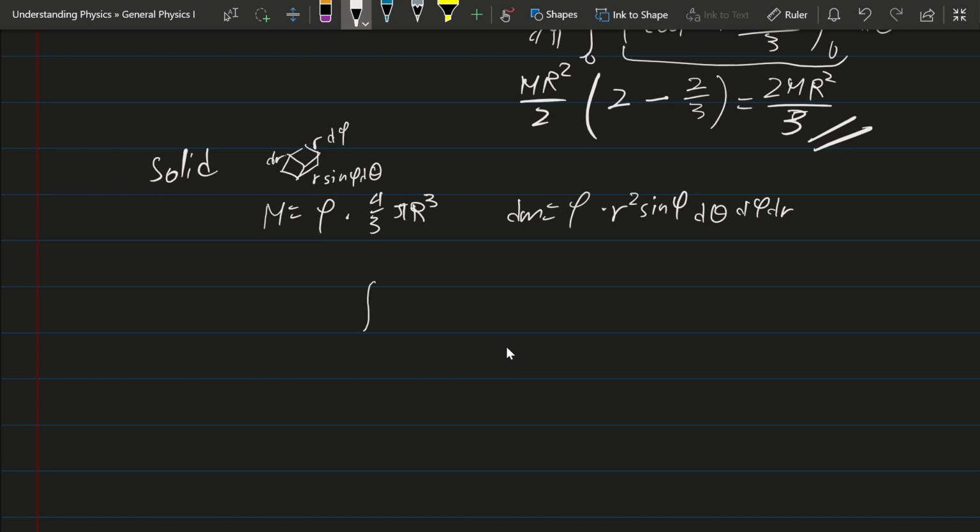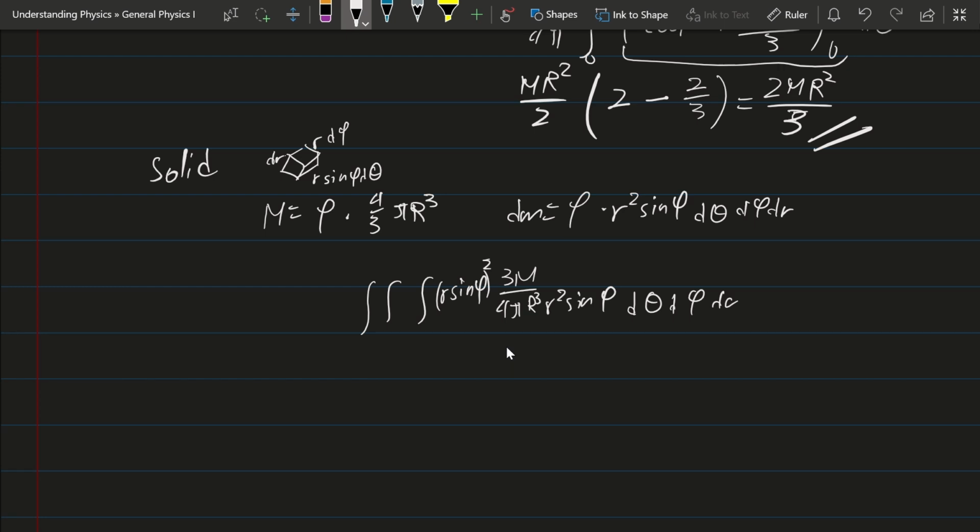So doing the integral, we will start with d theta d phi dr, r squared sine phi. Substitute the rho, it's 3 over 4 pi r cubed. Multiply that by the r squared, which we, oh, okay. So now the problem is, what is this r squared here? Well, it is almost the same thing, but instead it's a small r. So it's r sine phi squared.